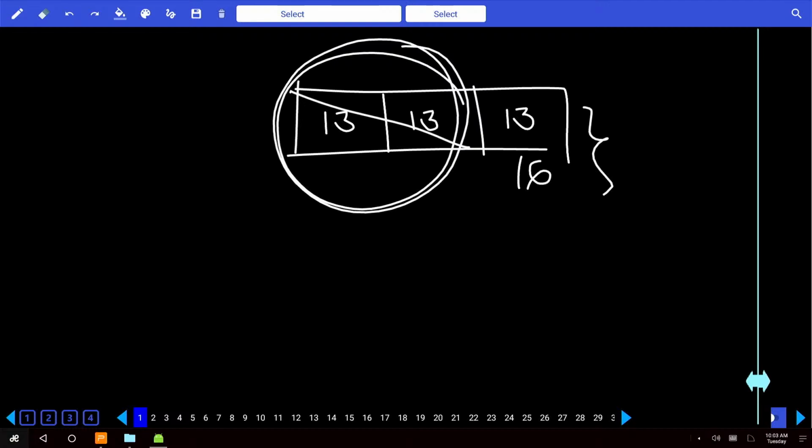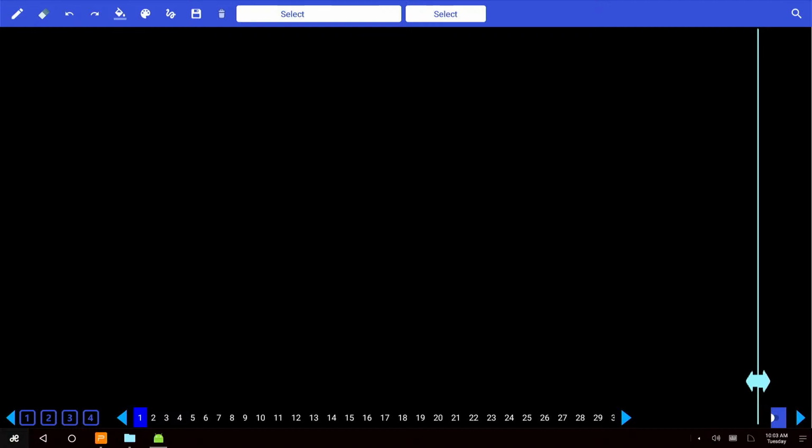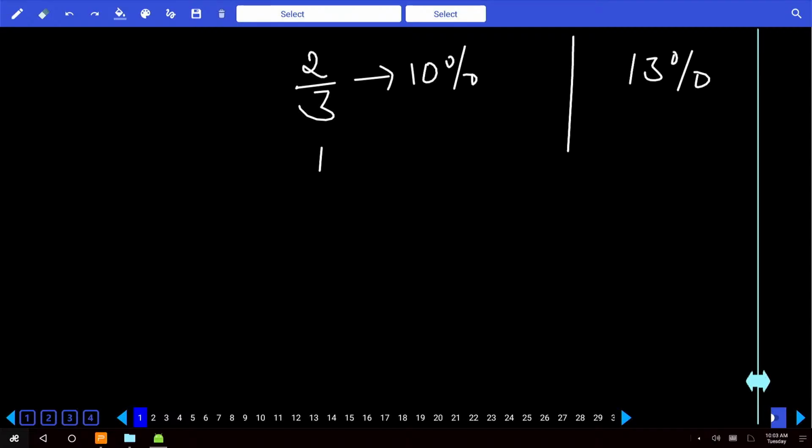Understand? I'll change the question. Same 2/3 sold at 10% profit. Overall we are expecting 13%. 1/3 should be sold at what percentage? What is the denominator?